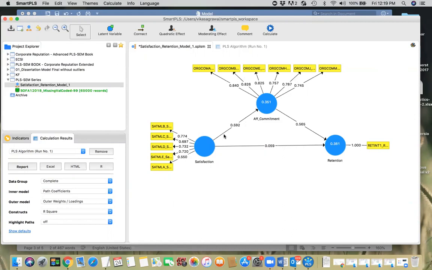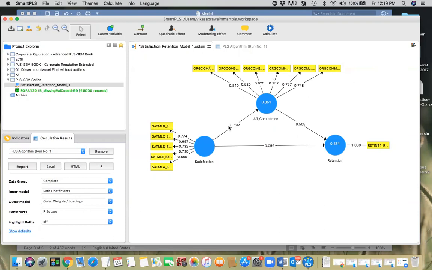So these are the path coefficients, telling you how strong the relationship is, like a regression coefficient. It is a regression coefficient. So this is our dependent variable, this is the independent variable, and that tells me the parameter estimate between the two variables. Likewise, you have path estimation here as well. Okay, and here the inner model is the structural model. This is our inner model, and the outer model is the measurement model, how well we are measuring each construct.